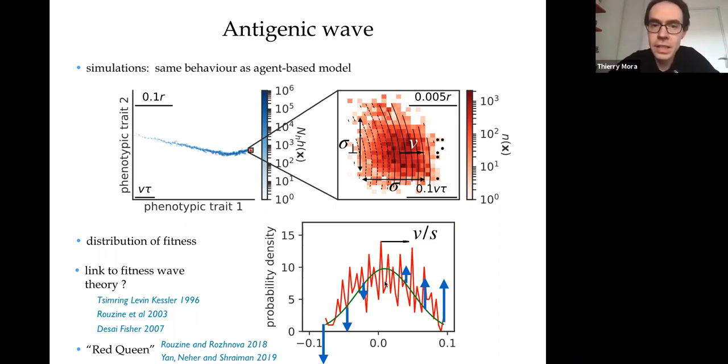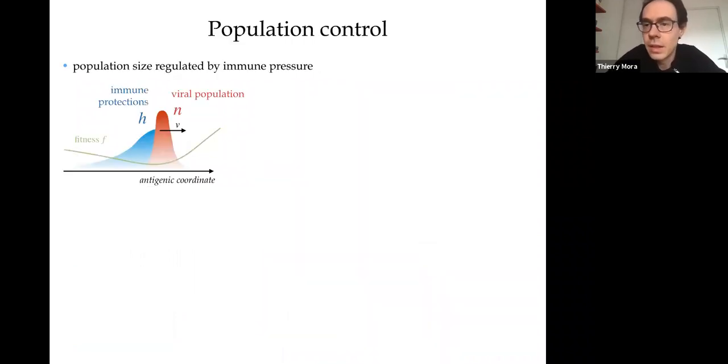And these two things compensate each other. It's as if you were walking on a treadmill. It's called a Red Queen effect, and this has already been noted in similar models. So that's a slight difference with the fitness wave model. Another difference is that population size here is not determined. It's not a parameter of the model, and it's actually regulated by the immune pressure.